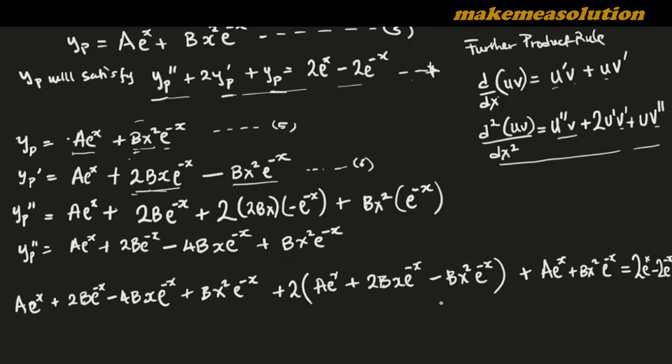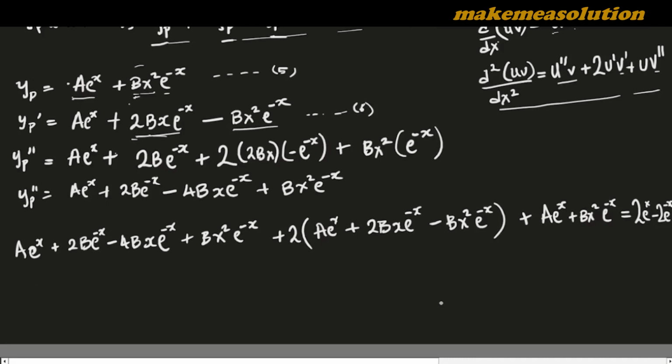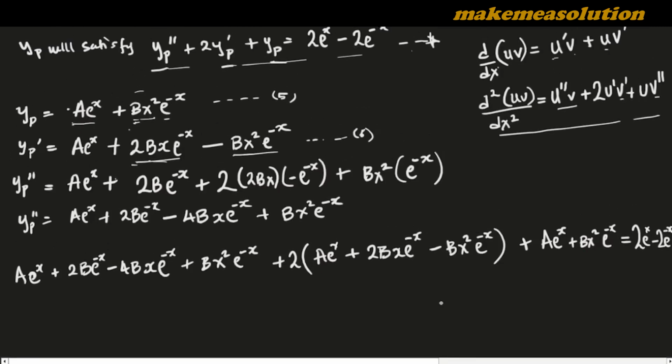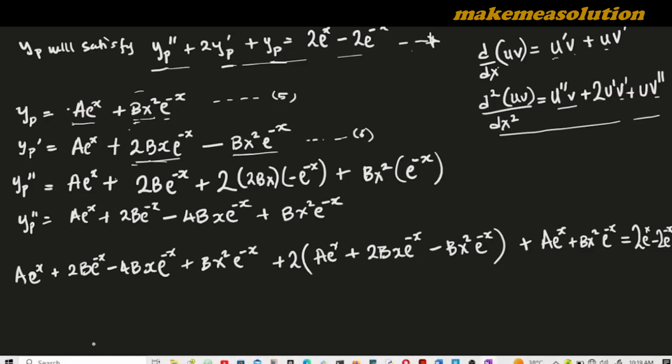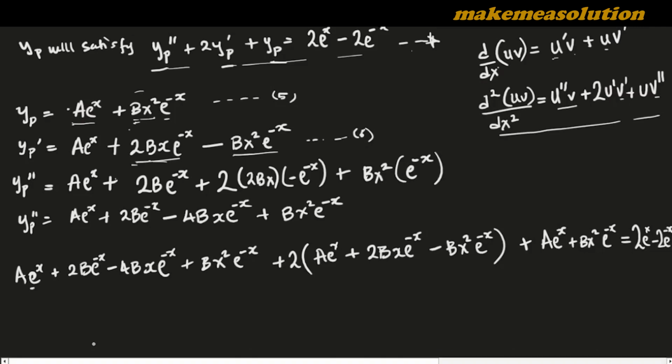So now that we have it this way, we want to collect the like terms first of all. Collecting the like terms may be a little bit long and stressful, but let me show you how to do it by observation. First of all, let's collect all the terms in exponential x together.